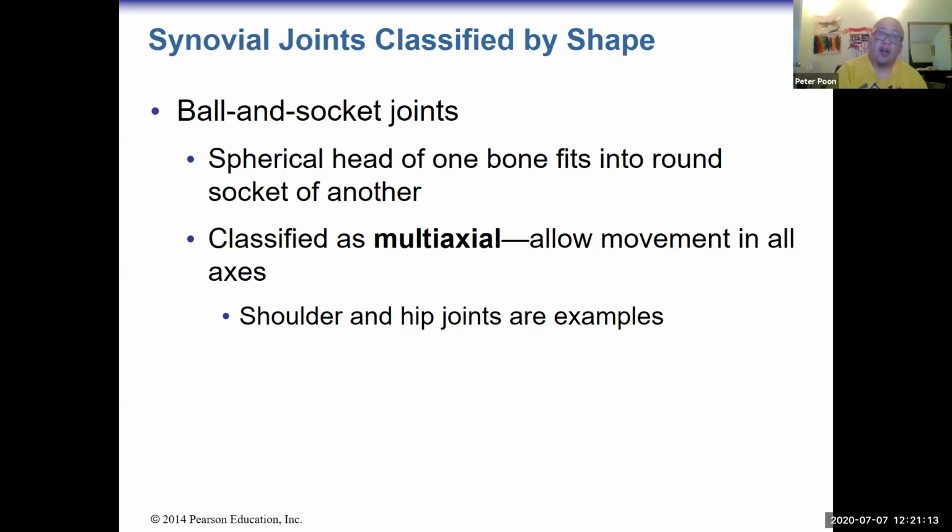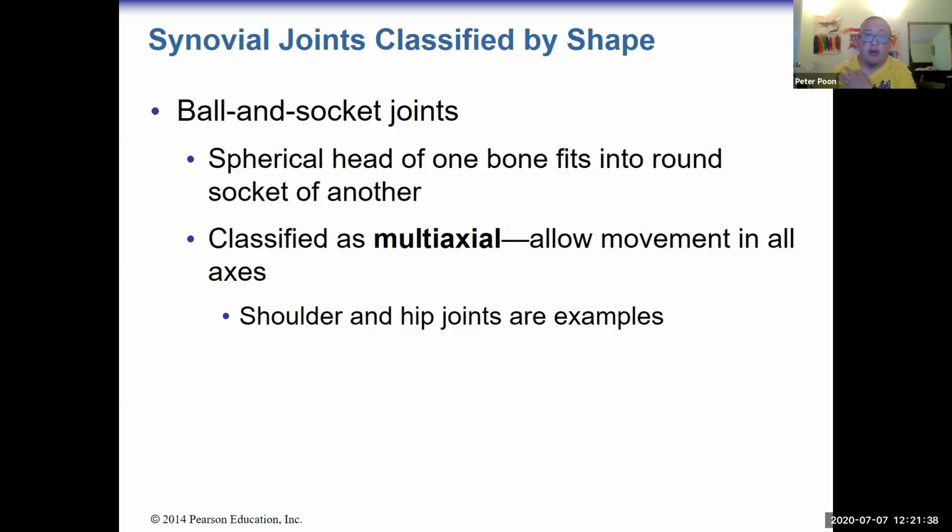The ball and socket joints are multi-axial. I can flex, I can extend, I can abduct, I can adduct, and I can rotate.